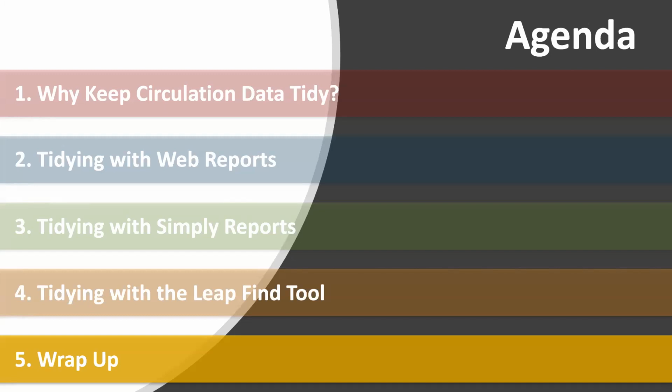You've seen a number of data cleanup tasks that you and your colleagues can do using resources like our web reports, our Simply reports, and even the Find tool. I hope you saw some new opportunities for cleanup and maybe picked up some methods for using Simply reports and the Find tool in case you ever want to create your own cleanup tasks.